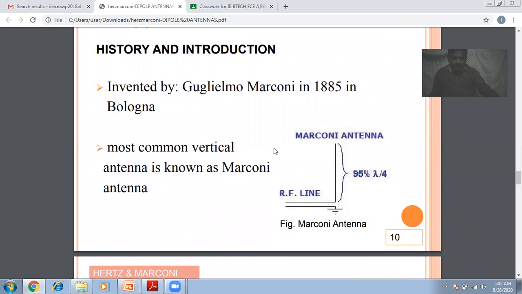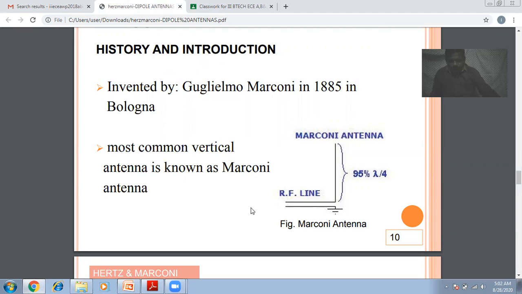Now coming to the monopole antenna. Let us see here. The top portion is of length lambda by 4. The bottom portion, you have to assume, is kept inside the ground.